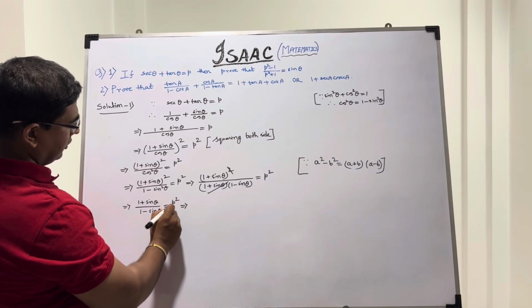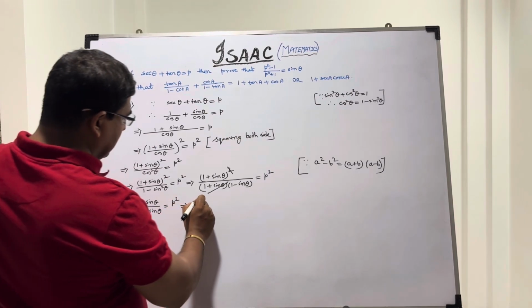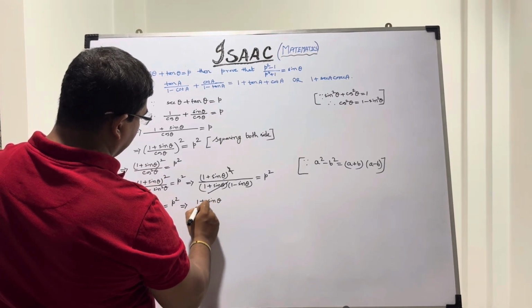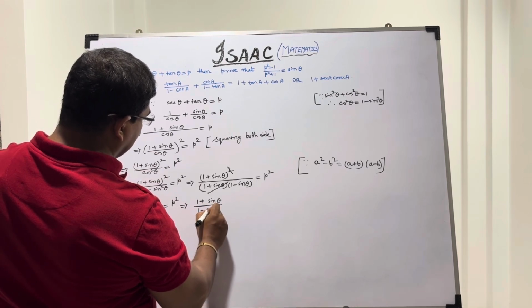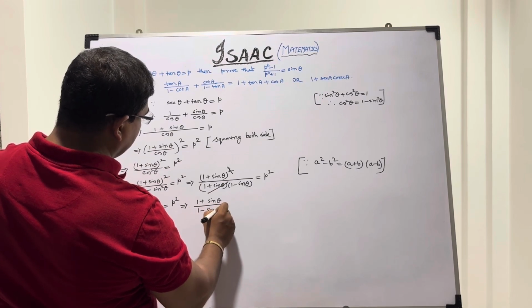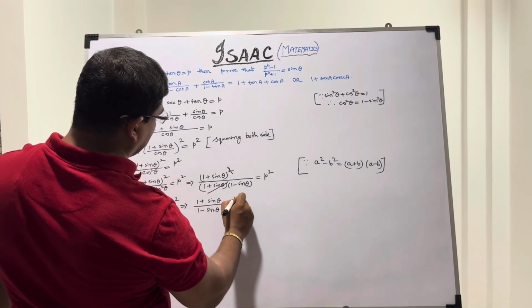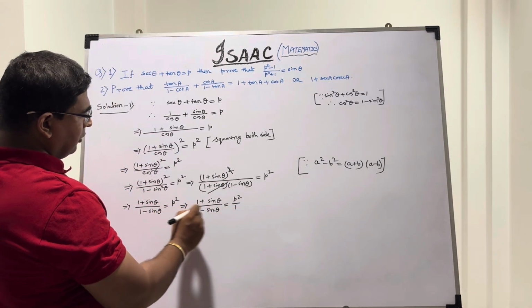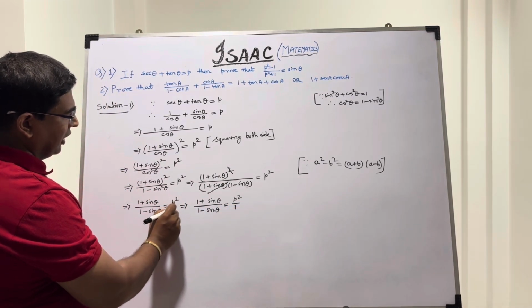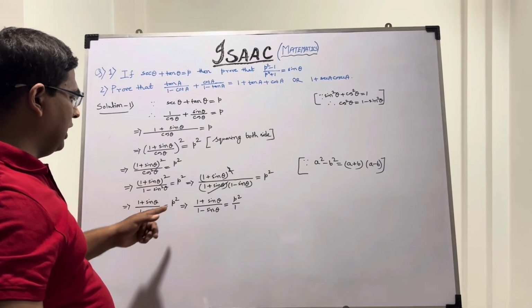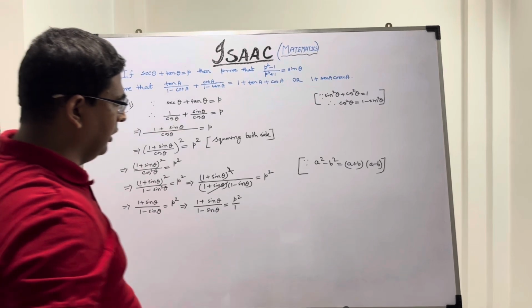Now we can apply componendo dividendo. We already know what componendo dividendo is, which is a ratio proportion relation. In our previous video, we learned all of the ratio proportion relations. Now nothing is present in the denominator, which means 1 is present, so we can write p square as p square by 1.